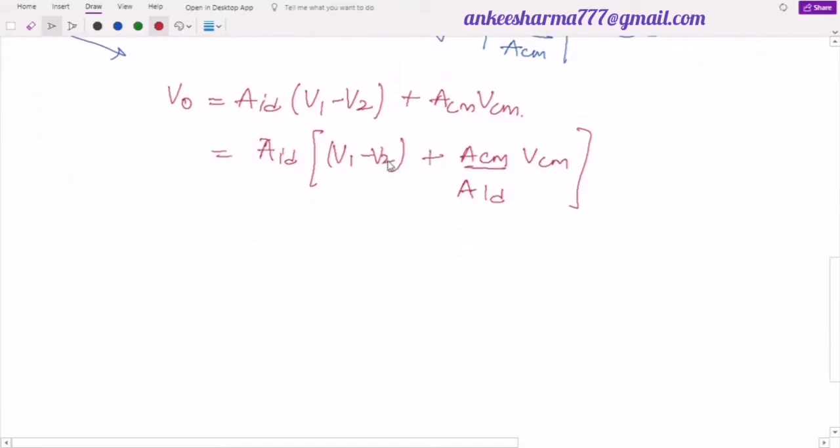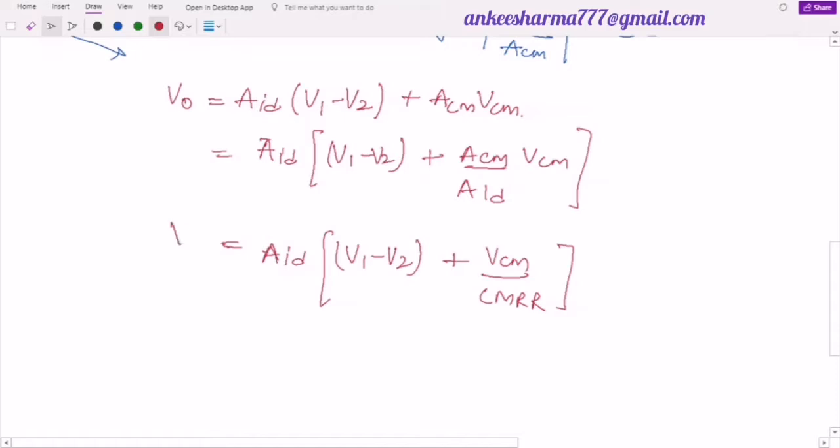So in place of ACM by AID, I will substitute the value of CMRR. So it is AID as it is outside the bracket. In the bracket I am left with V1 minus V2 plus VCM divided by CMRR. Right? So this is my output voltage.